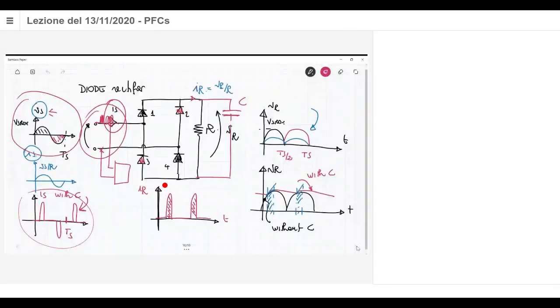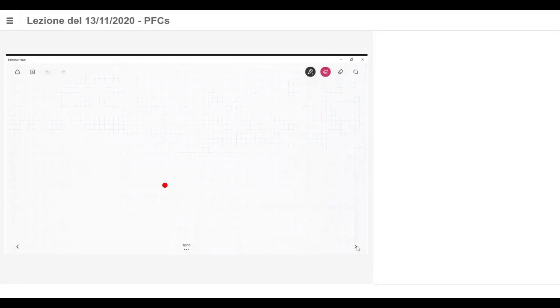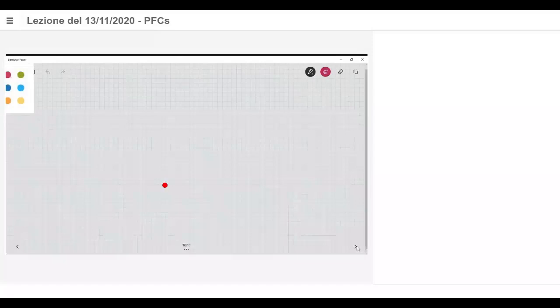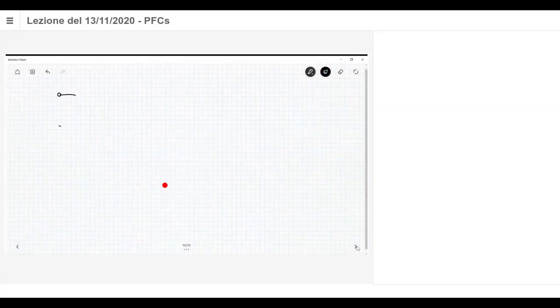Remember, the goal is that I want to get a power factor which is the maximum possible, ideally 1. What does it mean, a power factor which is 1? It means that my source, my electrical network, should behave like, suppose that there is the rectifier. There you have the voltage and current extracted from the mains.